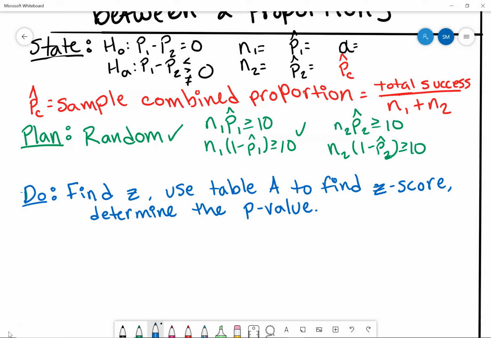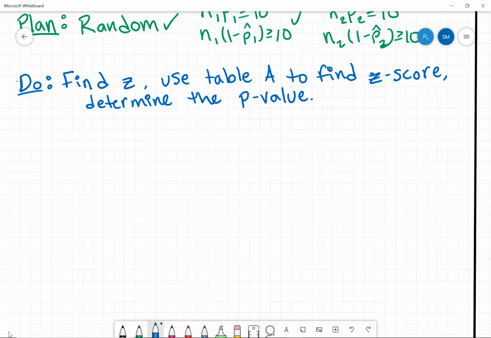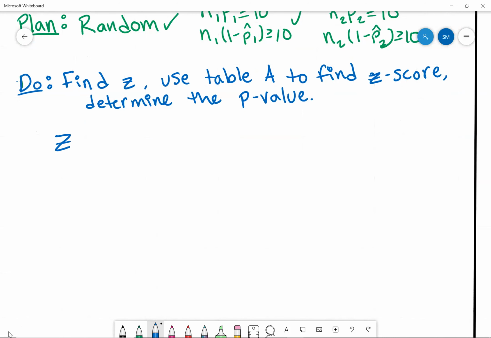Okay, so let's start off with the formula. The formula, z is going to be equal to, in words, the statistic minus the null divided by the sample standard deviation.